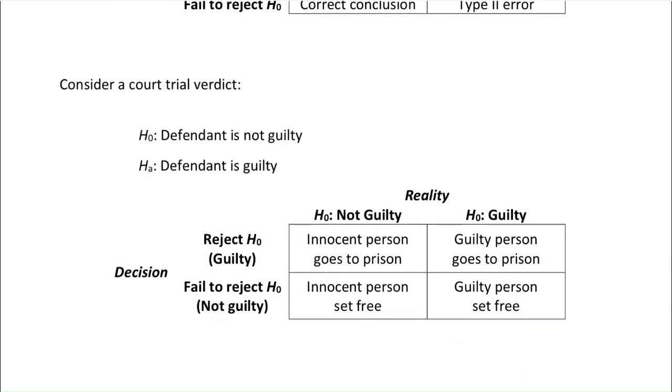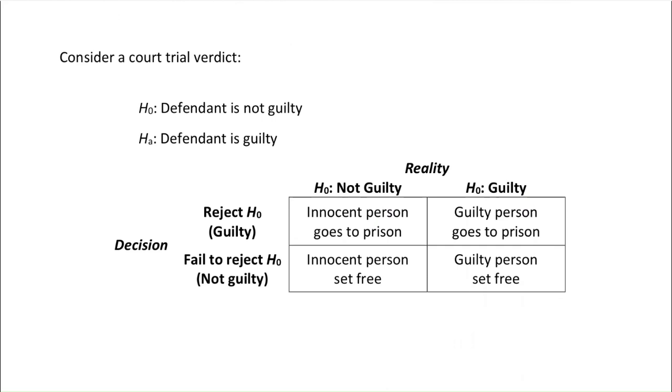So consider our justice system. Now, I'm not going to make any statements about how well it works or anything like that, but in its purest sense, the way that our justice system was set up to work is that when the state brings a case against an individual, accuses them of theft or murder or whatever the crime might be, it's up to the state to prove that that person is guilty, right?